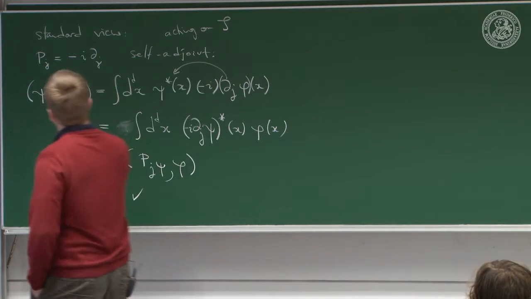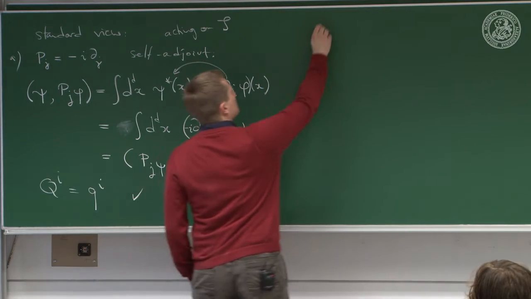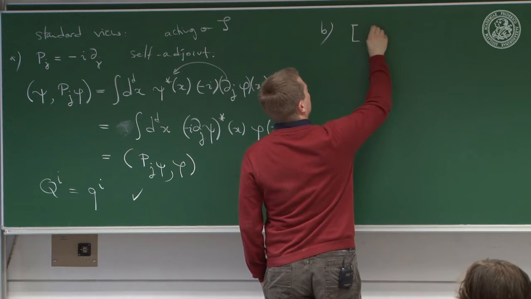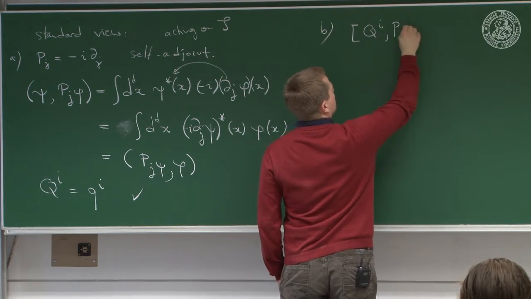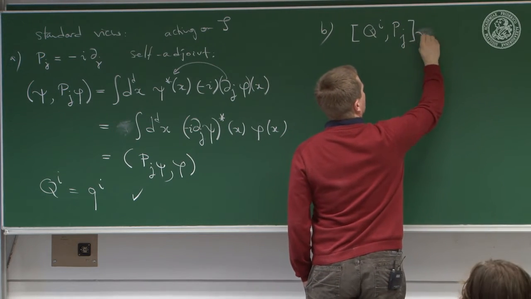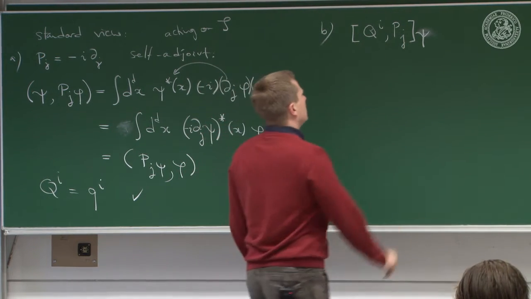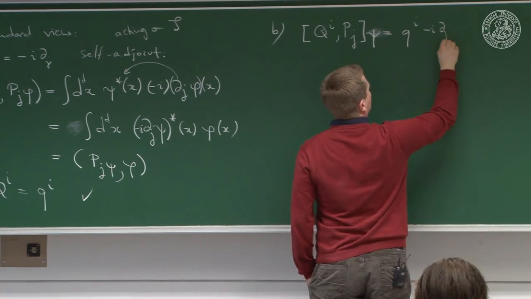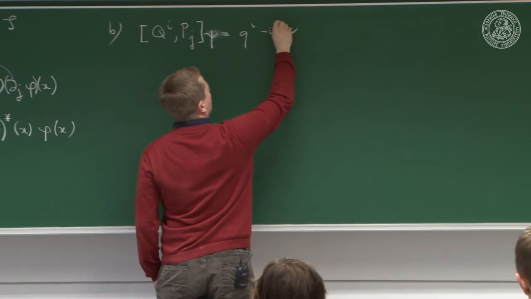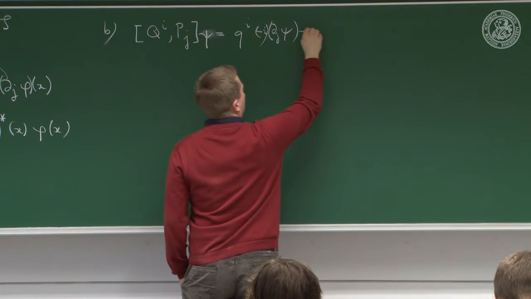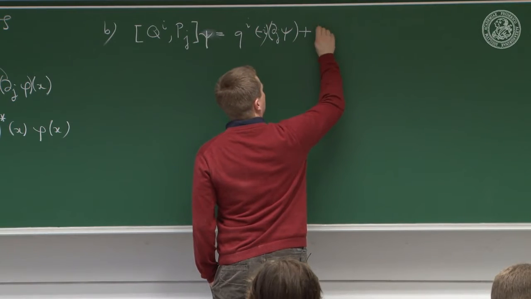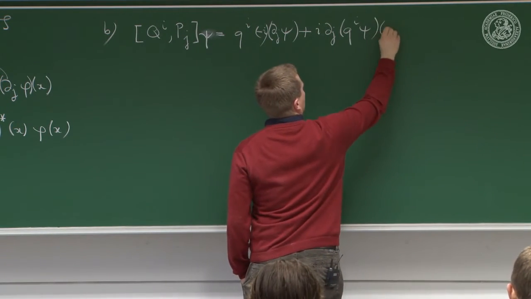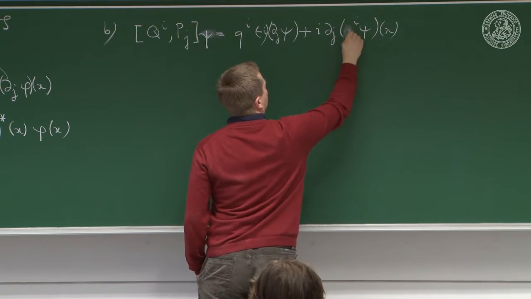The second thing we should check is the commutator. You take the Q_i with the P_j, and it's always clever to apply this to some function. Then you get Q_i minus i del_j acting on psi, minus, so plus i del_j Q_i acting on psi of x.